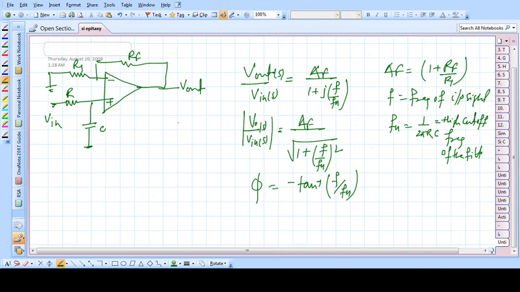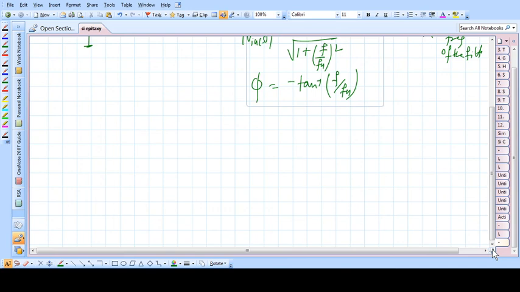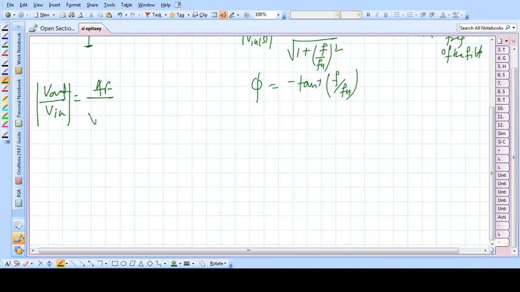Now if we go for the plot, we plot V output by V in magnitude, gain in dB scale against frequency. Think of three cases.